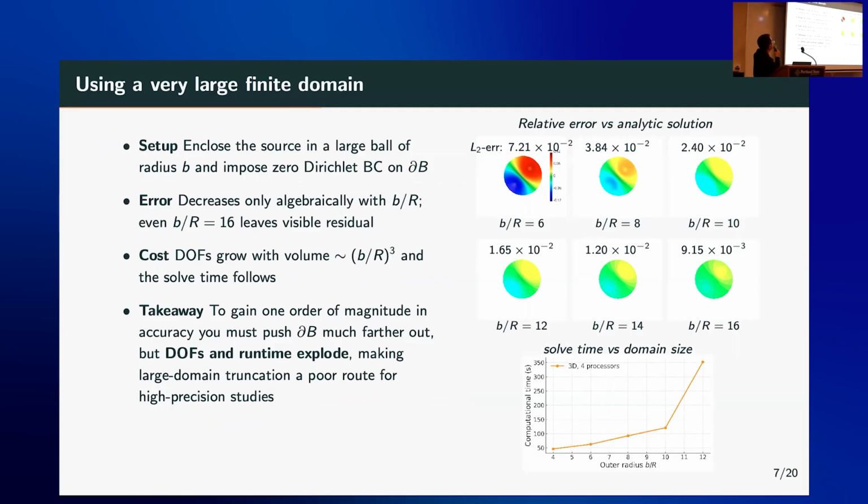We can see that the L2 error only decreases algebraically, and even with quite a large B over R ratio, which measures the size of the domain, the error is still visible. This motivates us to develop something more practical. We can also see the solve time increases in a non-trivial way with domain size.